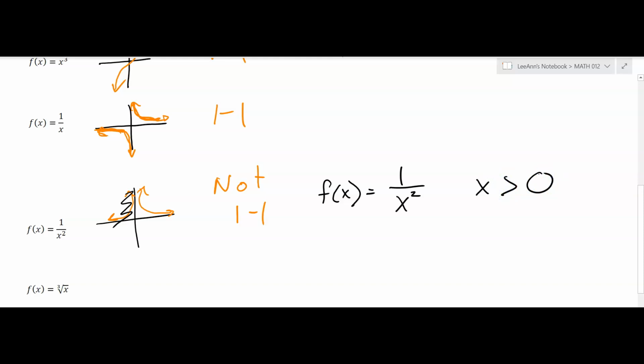Now, why didn't I say greater than or equal to 0? Because it's not defined if x is 0. So my restriction is x is greater than 0. And again, you could say, well, I don't want to restrict that half. I want it to be the other half, but usually they keep it positive. Keep that math positive.